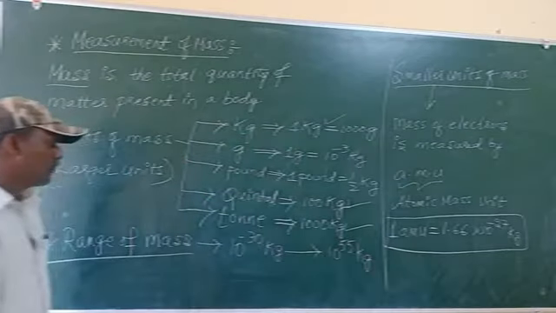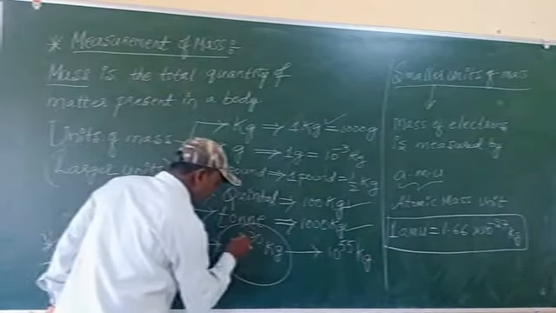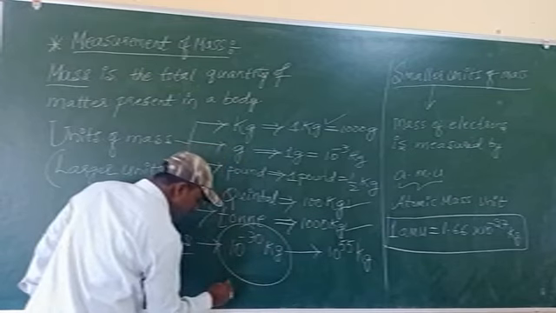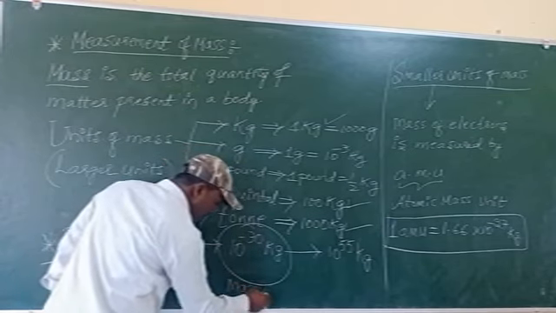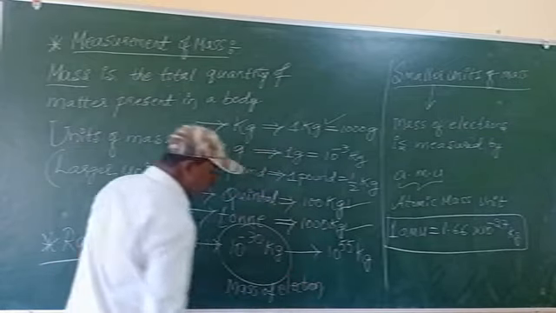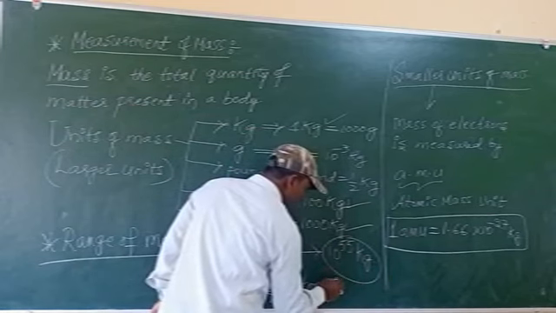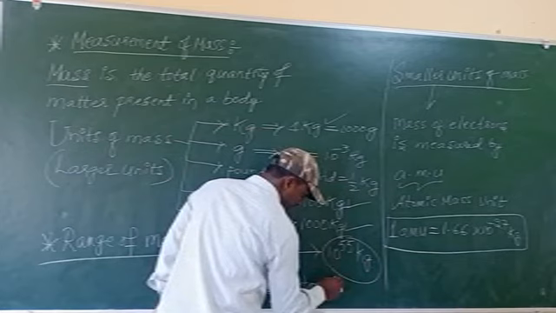Here 10 to the power of minus 30 kg is the mass of an electron, and 10 to the power of 55 kg is the mass of the universe.